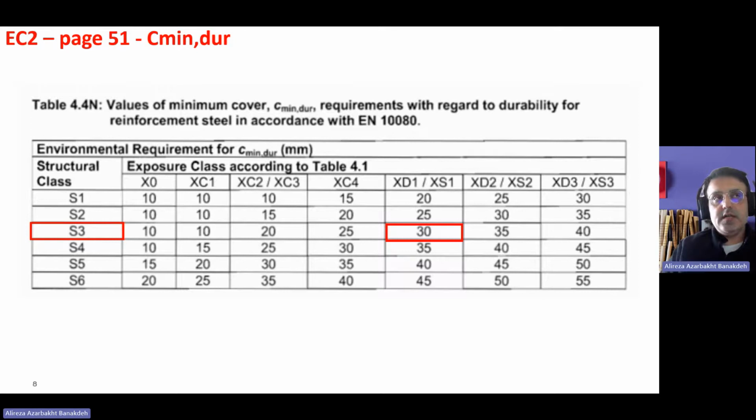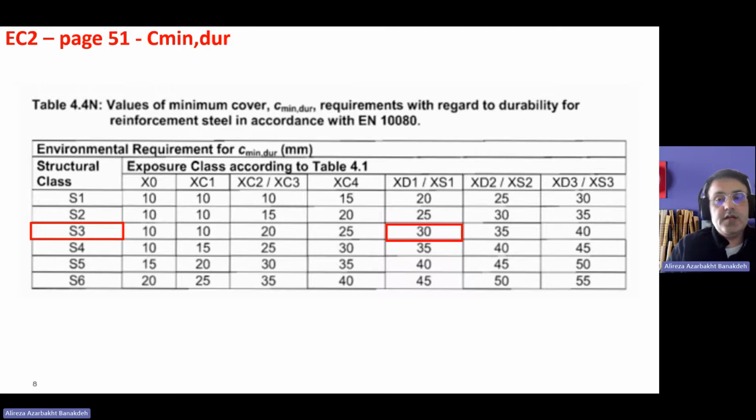The exposure class is given by the definition of the problem. However, there is another table in Eurocode to determine which exposure class you have. If you remember, you had it in structural design when you define which part of the environment or city your structure is supposed to be, how close you are to the seashore, or how much rain you have in the region.